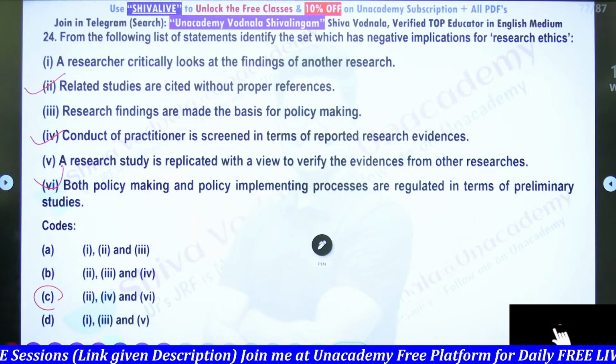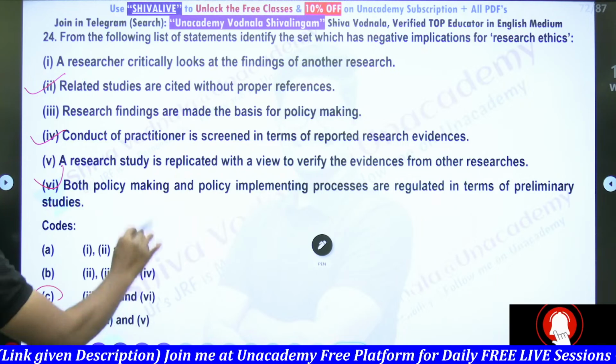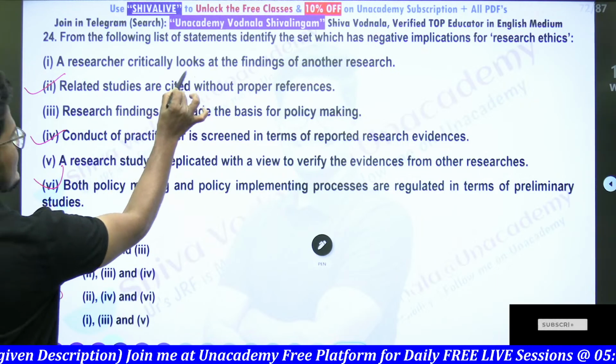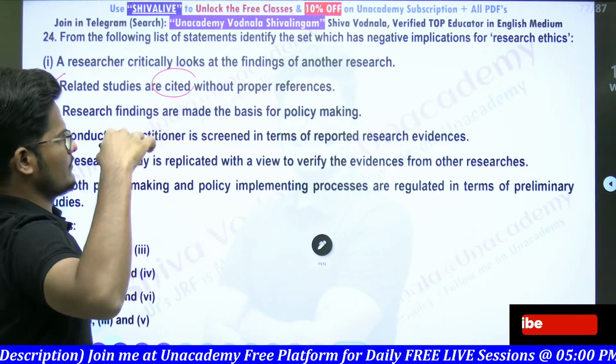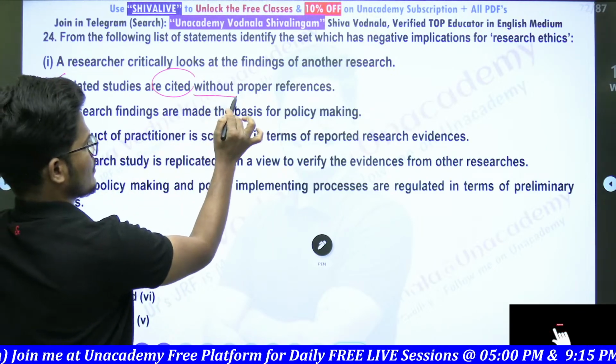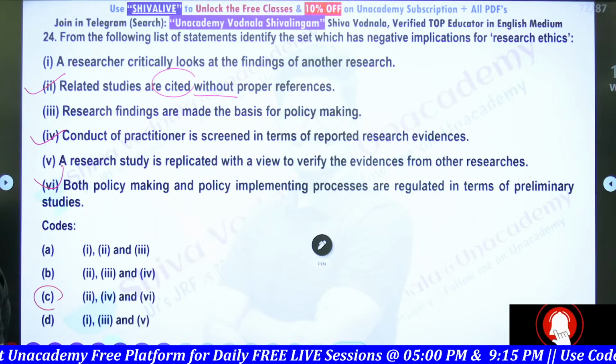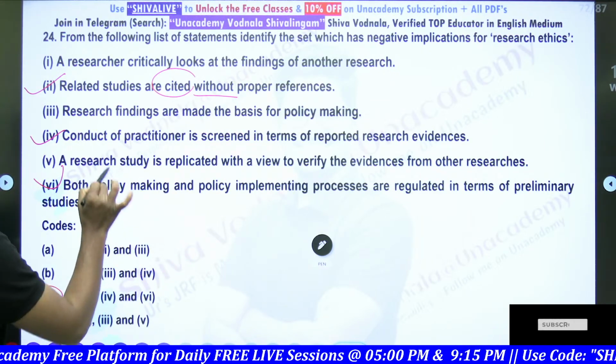I will tell you what it is. They are asking about negative implications of research ethics. If you are reading somewhere and getting knowledge and using that in your research, and you are not giving a proper reference or a citation for it, that will be a negative implication.